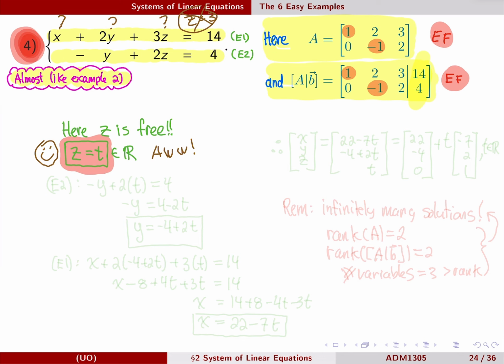So now here we go. So let's compute some stuff. So in equation 2, I get minus y plus 2z, z now known to be t, equal to 4. If you bring the t on the other side, you get that minus y is equal to 4 minus 2t.